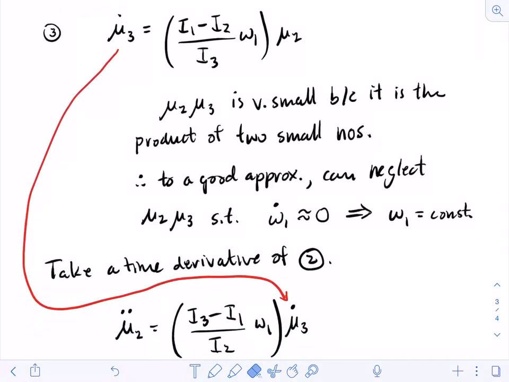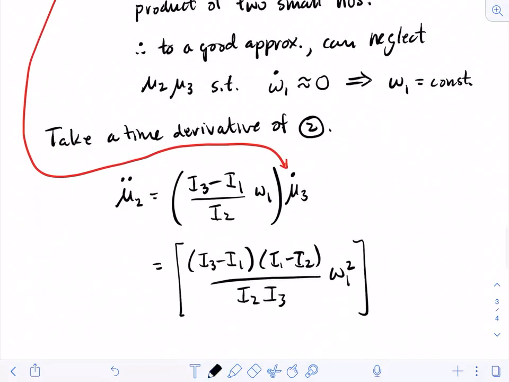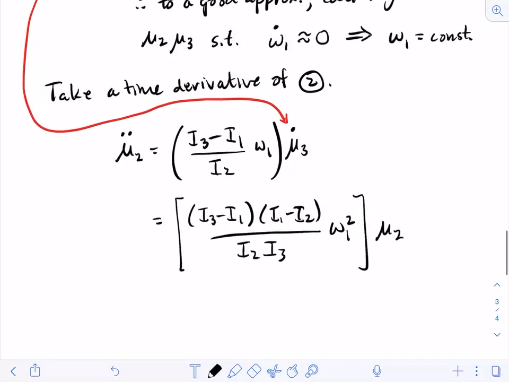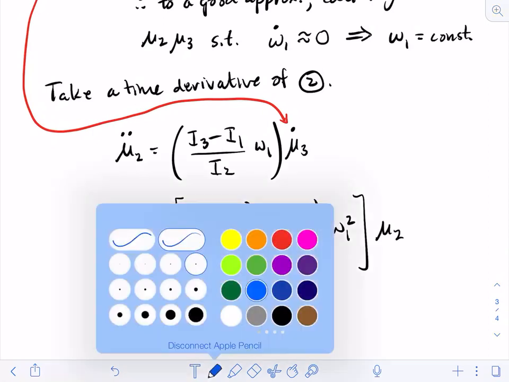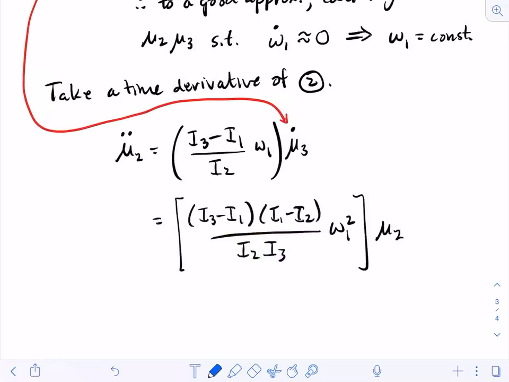So mu3 dot has a mu2 in it, so we should get a mu2. Okay, good. Recall that I3 was the biggest rotational inertia.